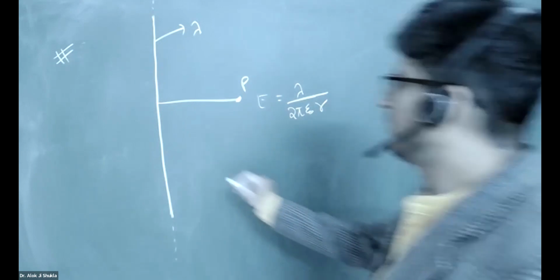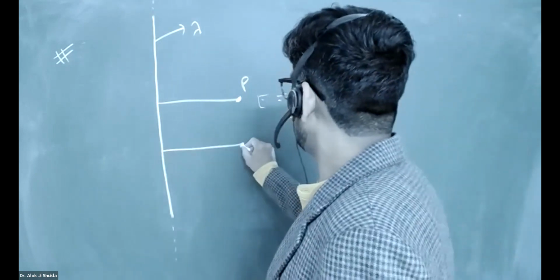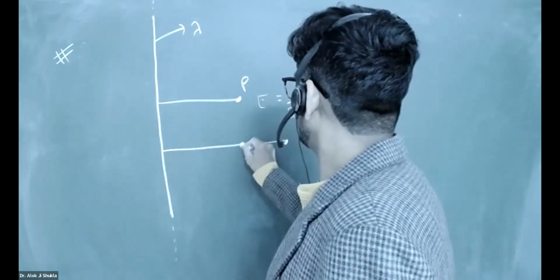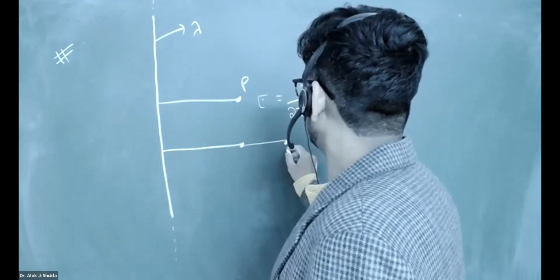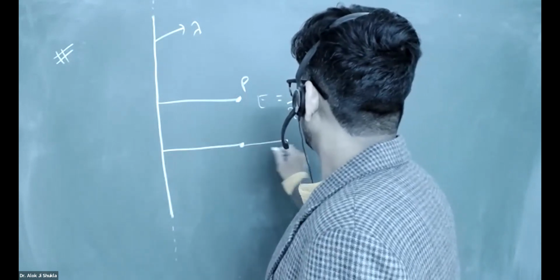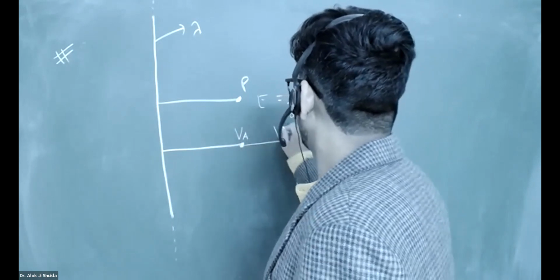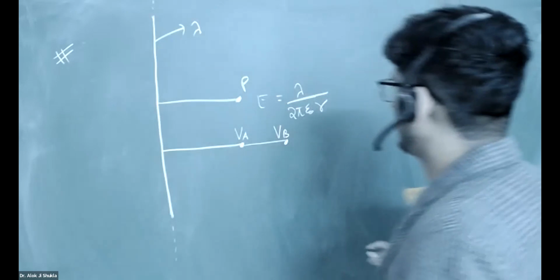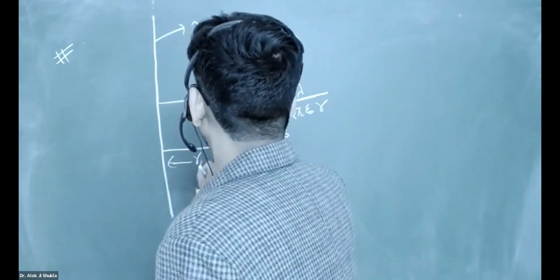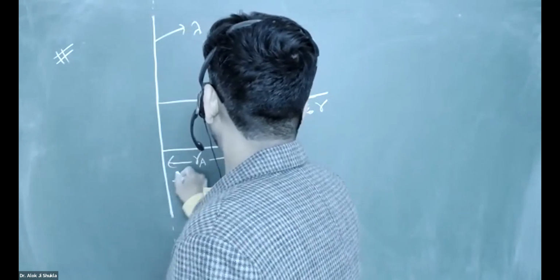So if I want to calculate potential difference between 2 points, suppose this is the potential A and B. So suppose I want to calculate, and this distance is RA and this distance is RB.